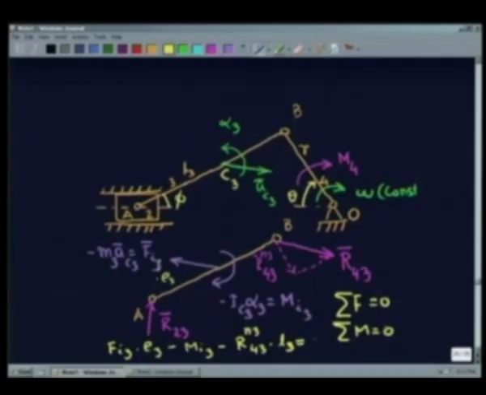This total moment about point A must be 0 because moment of R23 about this point is 0. So the moment of all other forces and moment ultimately must be 0. So from this we can find out how much is R43 N3. Please keep that in mind.